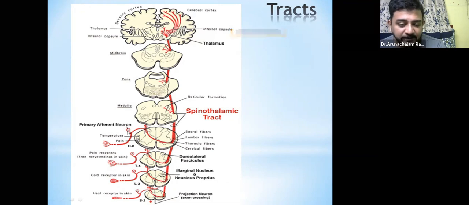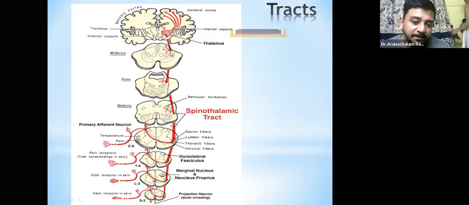We have seen already that ganglion means collection of cell bodies outside the central nervous system. So here is the ganglion, and the nerve synapses with the second order neuron in the posterior horn cells. Got it? So this information from here on is going to be sent upwards on the opposite side. It is going to occupy the opposite side, and it goes upwards up to the brain stem.